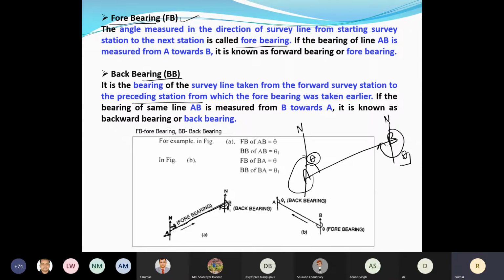Suppose some current is passing, some high tension line is passing through station B. What will happen? The magnetic needle will not settle down, so it will give an incorrect reading. So at that time, what will happen? The difference between fore bearing and back bearing will not be 180 degrees. Am I right? Is it so?